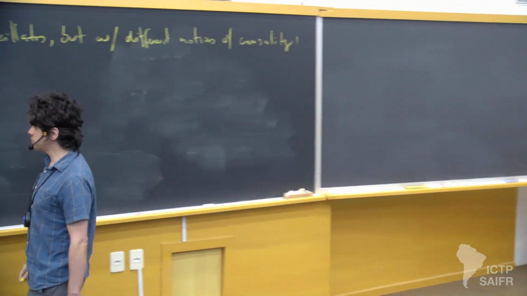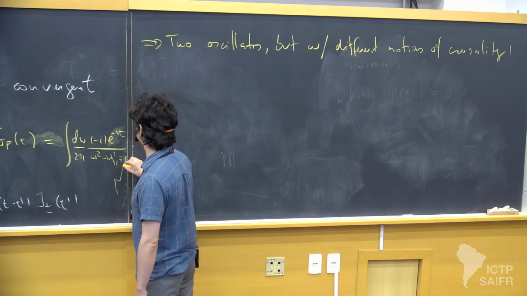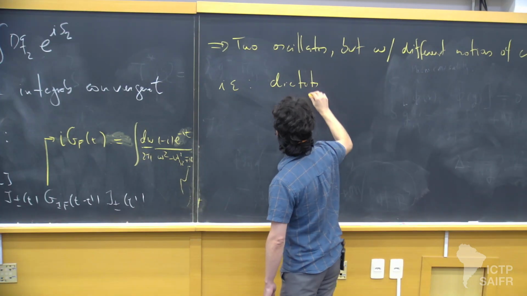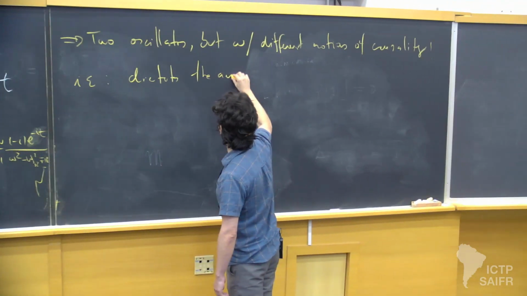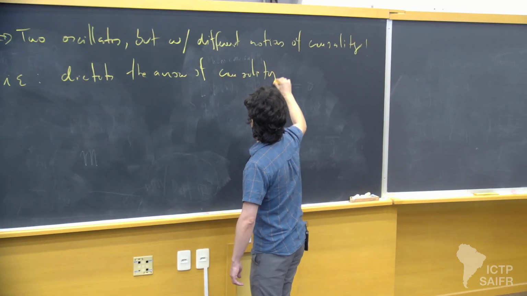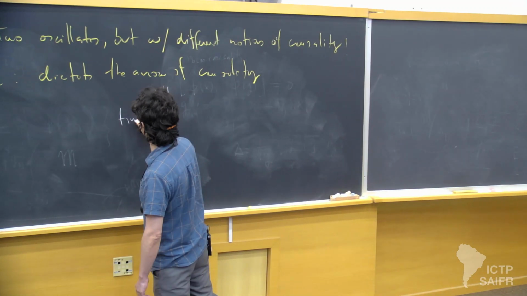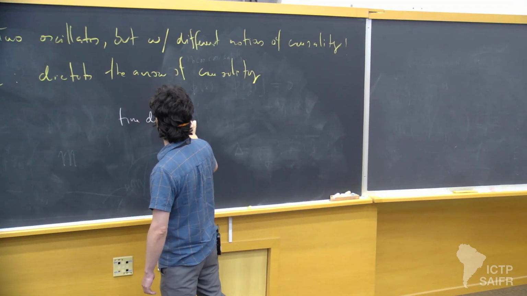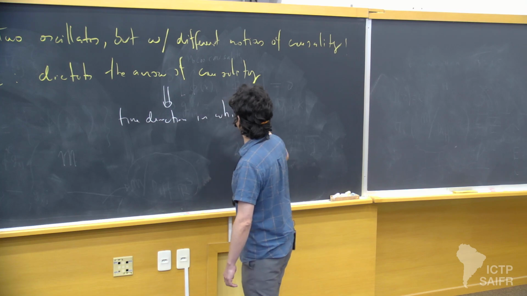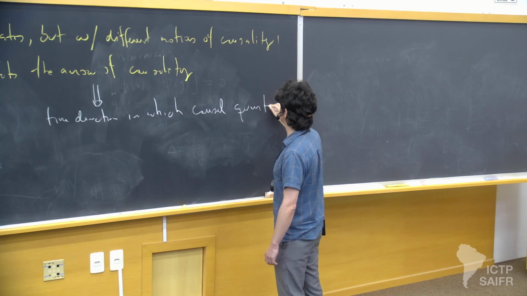And why is that? Because causality here is associated with the signs of i epsilon. So i epsilon dictates what we call the arrow of causality, which you can define as the time direction in which causal quantum processes occur.